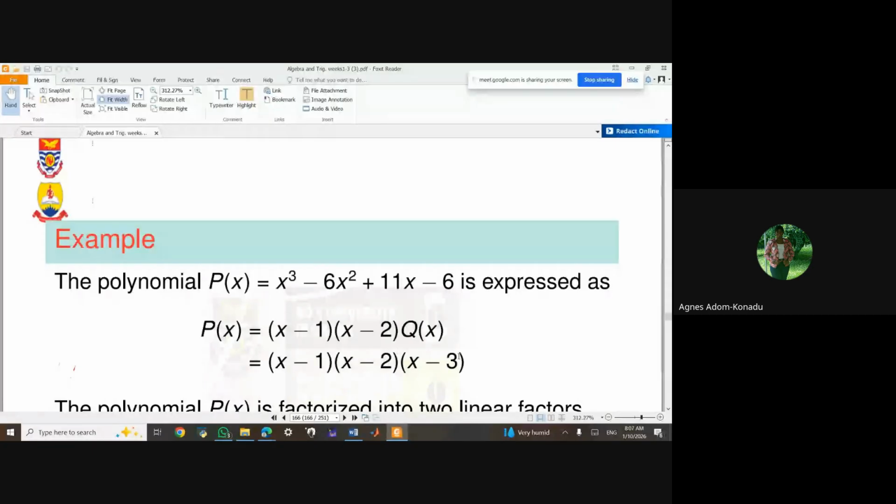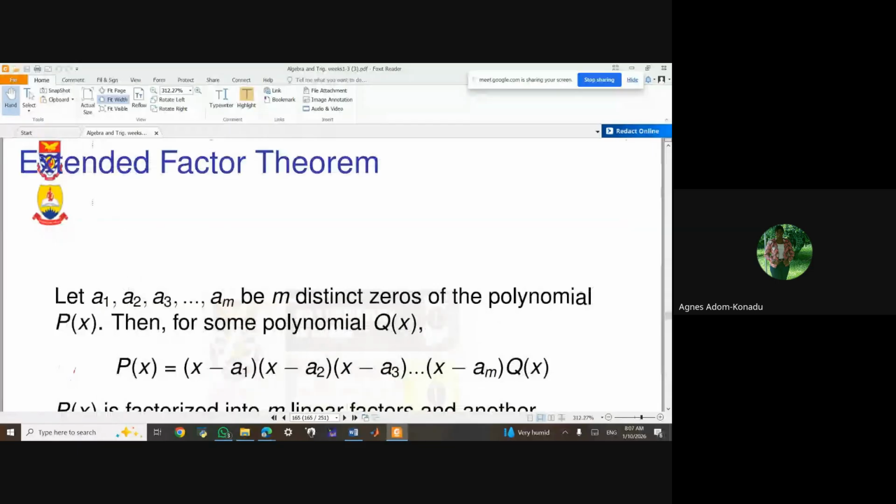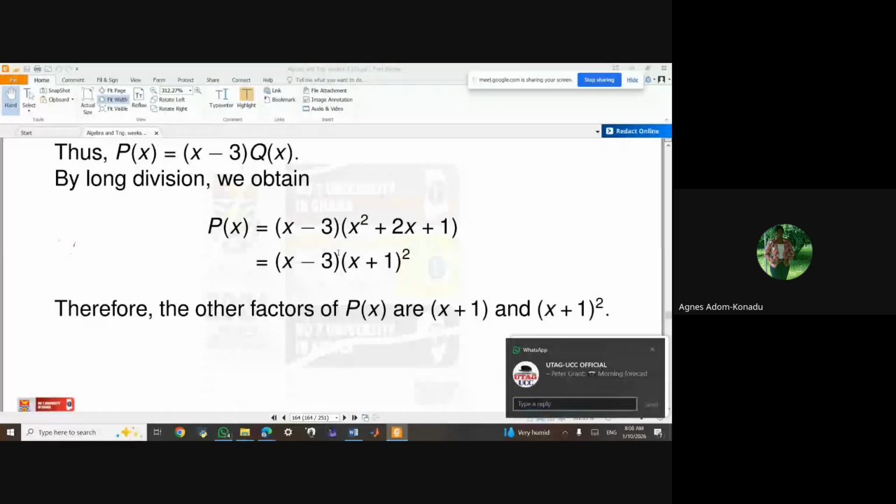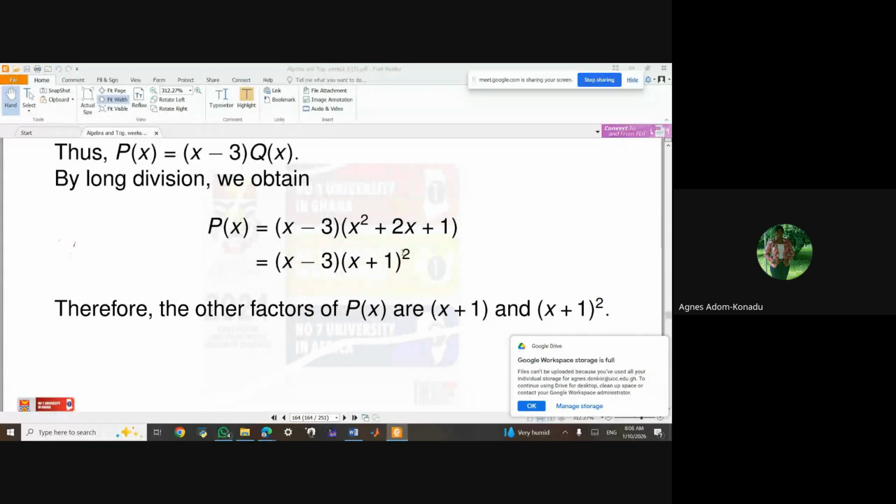And I was saying that these are also factors. So I have x minus 3, x plus 1. This x minus 3 is a factor, and we know that the power here is 1. So the multiplicity of x minus 3 is 1. x plus 1 is a factor, and the multiplicity is 2. And I think you should understand this.